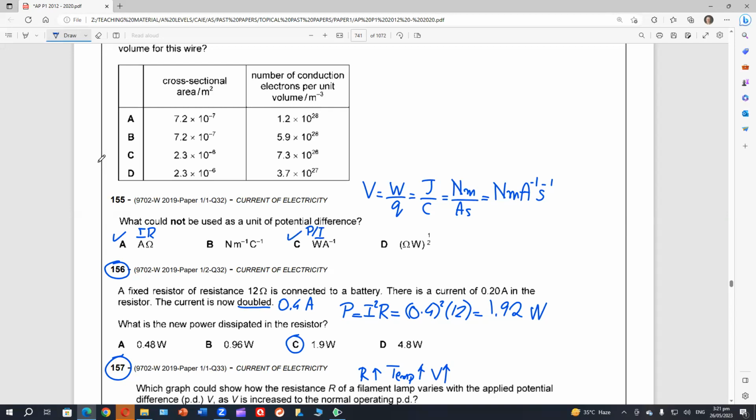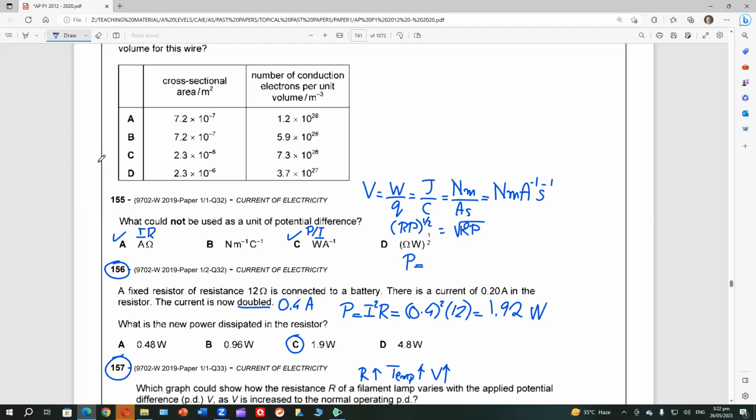Now, this is ohm watt, it means R into P, power half. Now, how is this formula coming? I think it's coming from P is equal to I square R. Right? No.